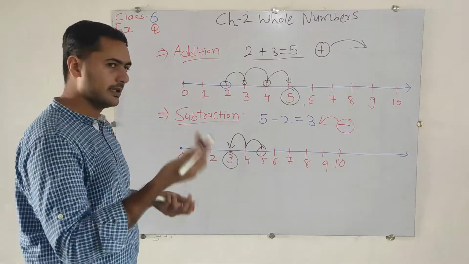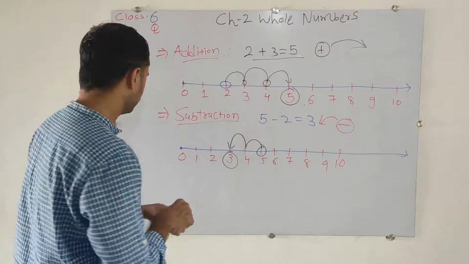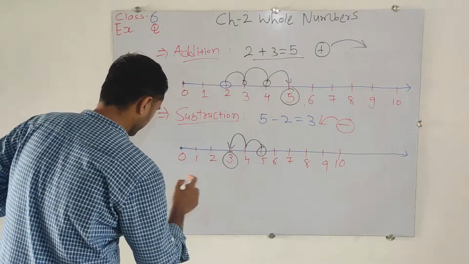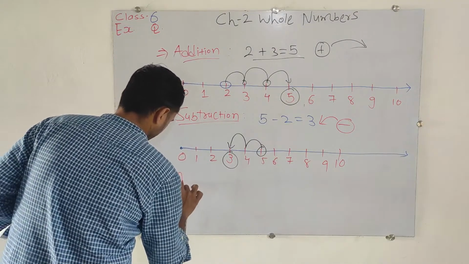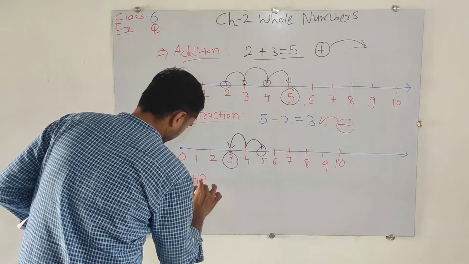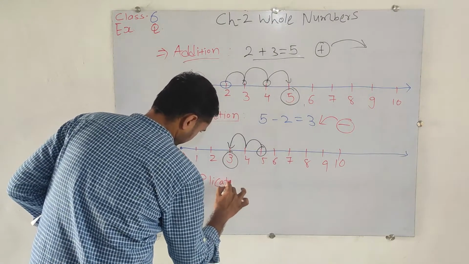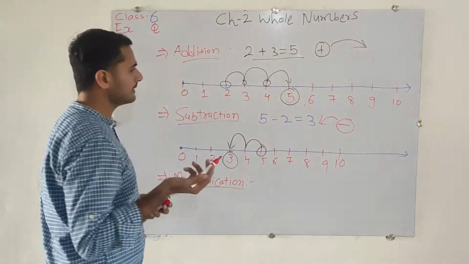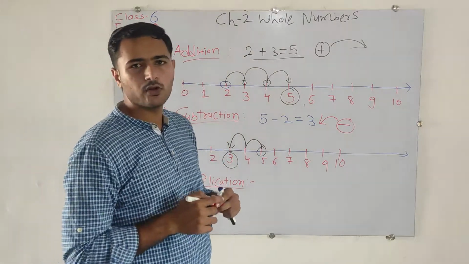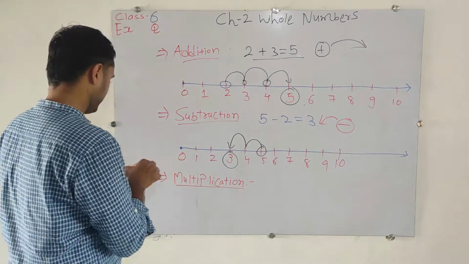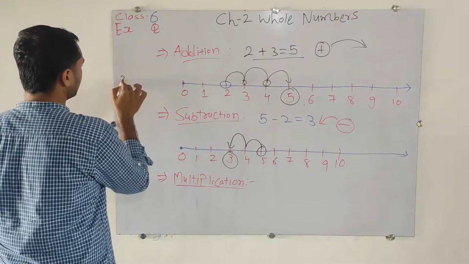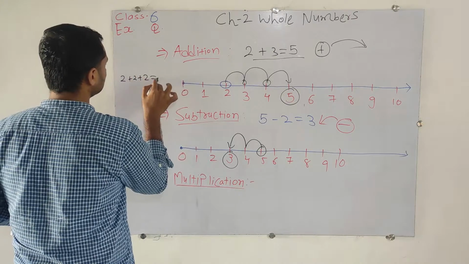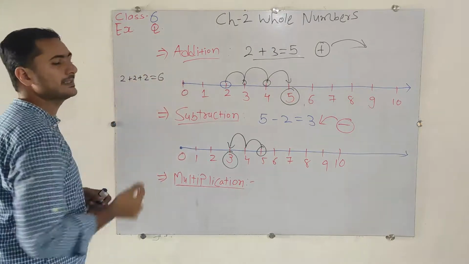Now, the next process is multiplication. Multiplication is one type of addition only. Sometimes, like if I do 2 plus 2 plus 2, the answer will be 6, because 2 into 3 is 6.